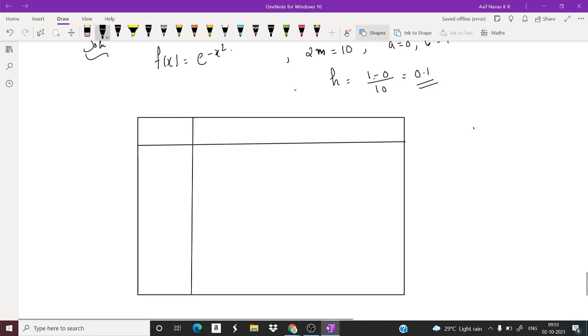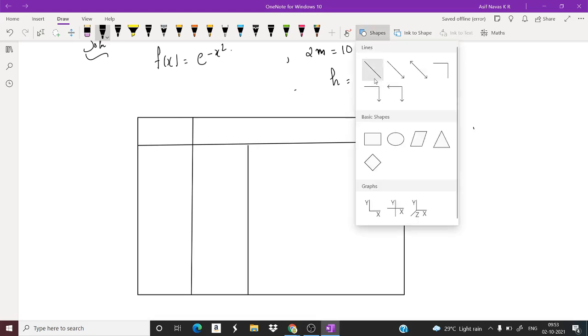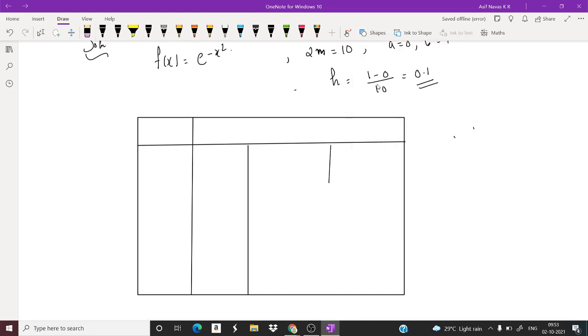Then for Simpson's rule, you have to just draw 3 columns, so that it is very easy to write the values in the formula. So here x values, here f of x equal to e raised to minus x square. Here odd values and here even values. And here the first value and last value.